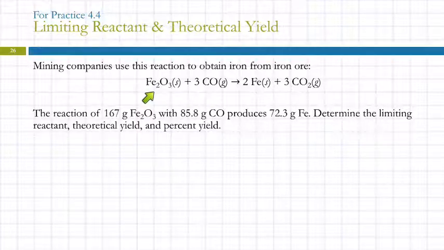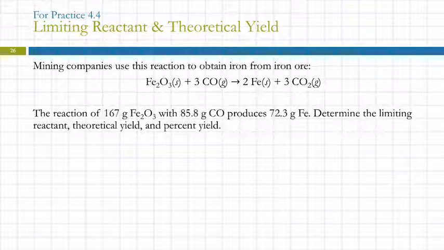So they use this reaction, iron 3 oxide, they react it with carbon monoxide, and they can get iron and carbon dioxide as the product. So the reaction of 167 grams of Fe2O3 with 85.8 grams of CO produces 72.3 grams of iron. Determine the limiting reactant, theoretical yield, and percent yield.